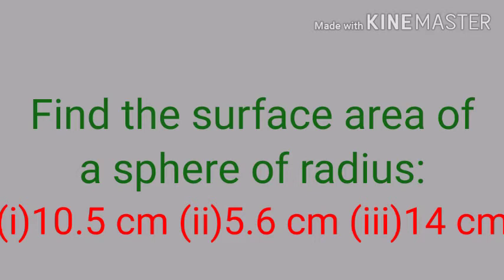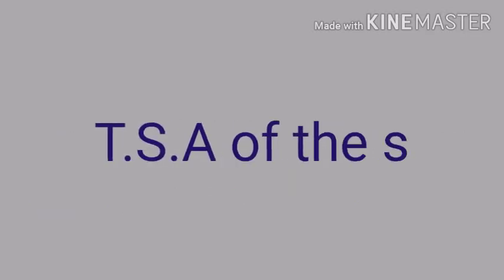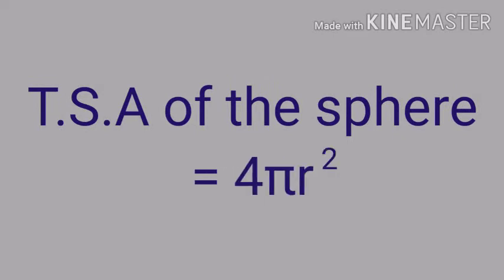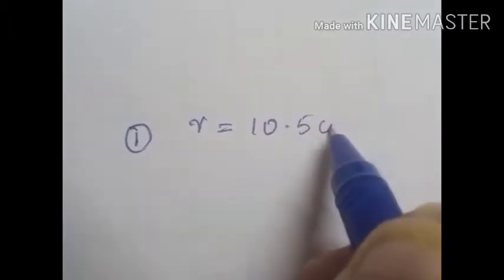So what is the equation for total surface area of the sphere? That is 4 pi r square. Radius is given in this section, so we should substitute those values and find the answers. For the first sub-question, it is given that radius equals 10.5 centimeter.